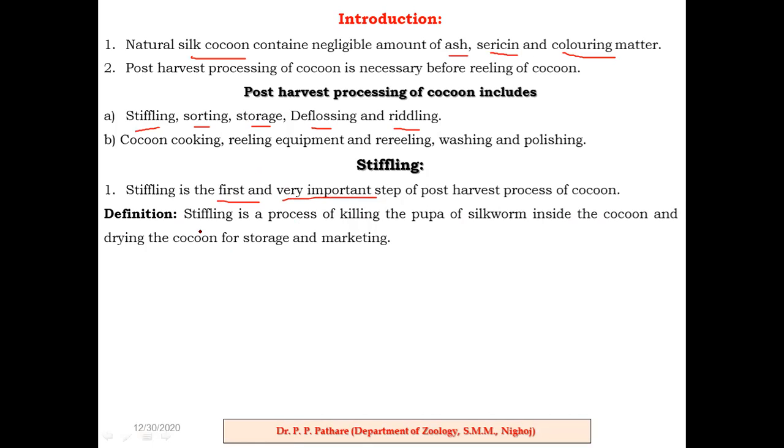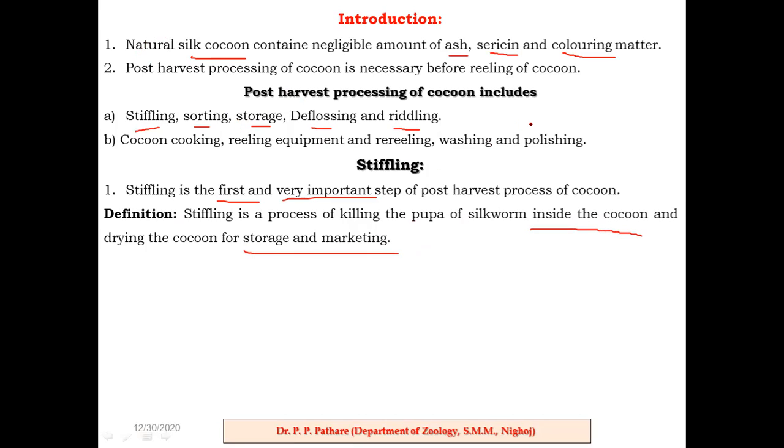Next point: what is stifling? Definition of stifling. Stifling is a process of killing the pupa of the silkworm inside the cocoon and drying the cocoon for storage and marketing. I will now explain the detail of this process.